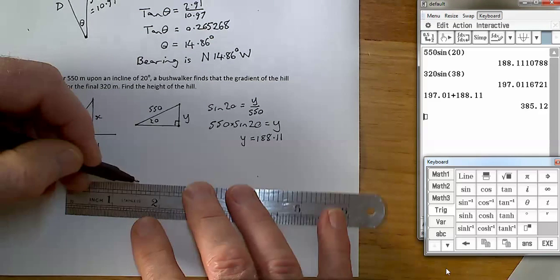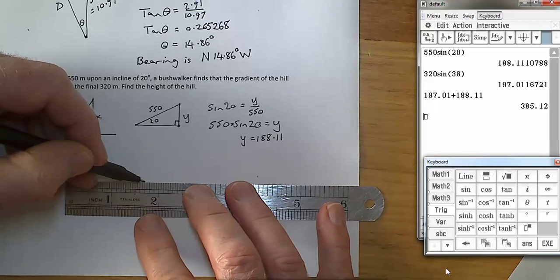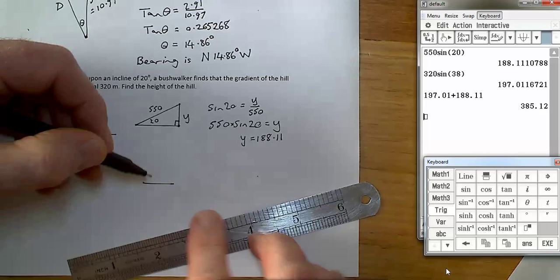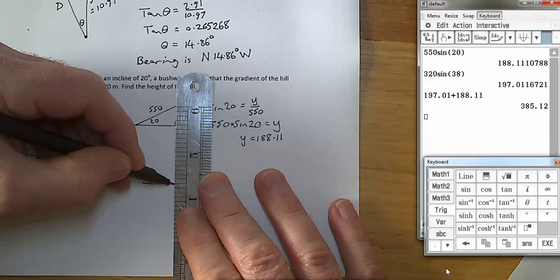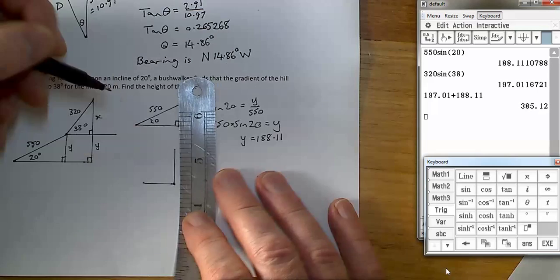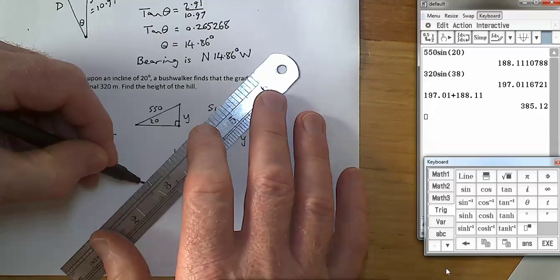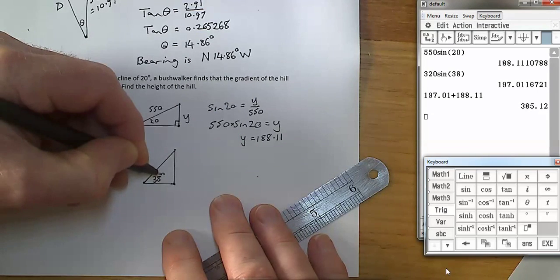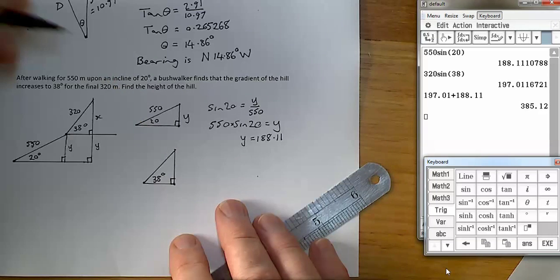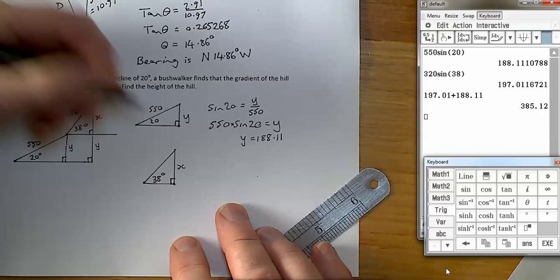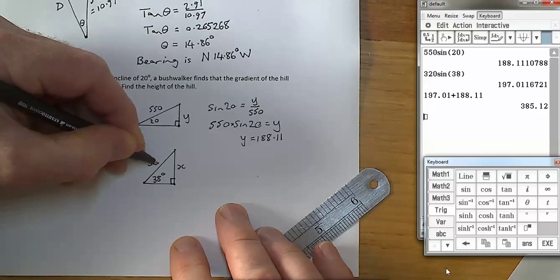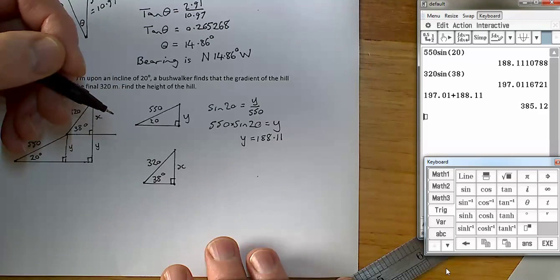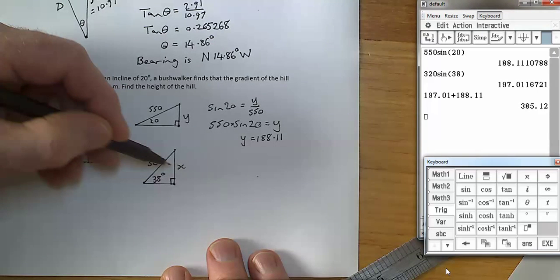It's a very similar situation. This is 38 degrees. It's a right angle, and I can work out x, 320. So it's opposite and hypotenuse again.